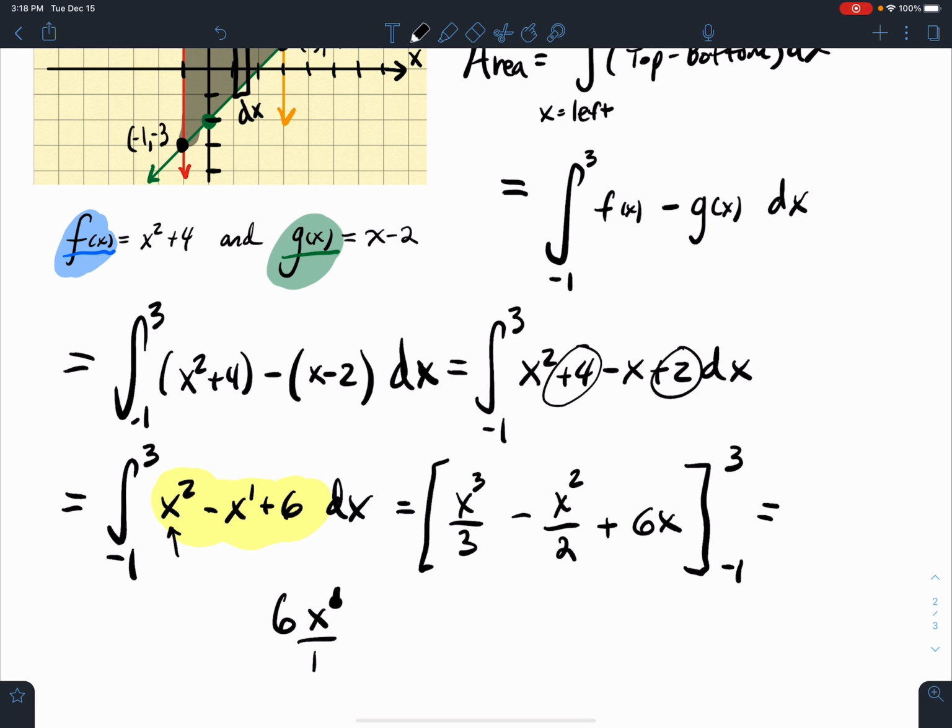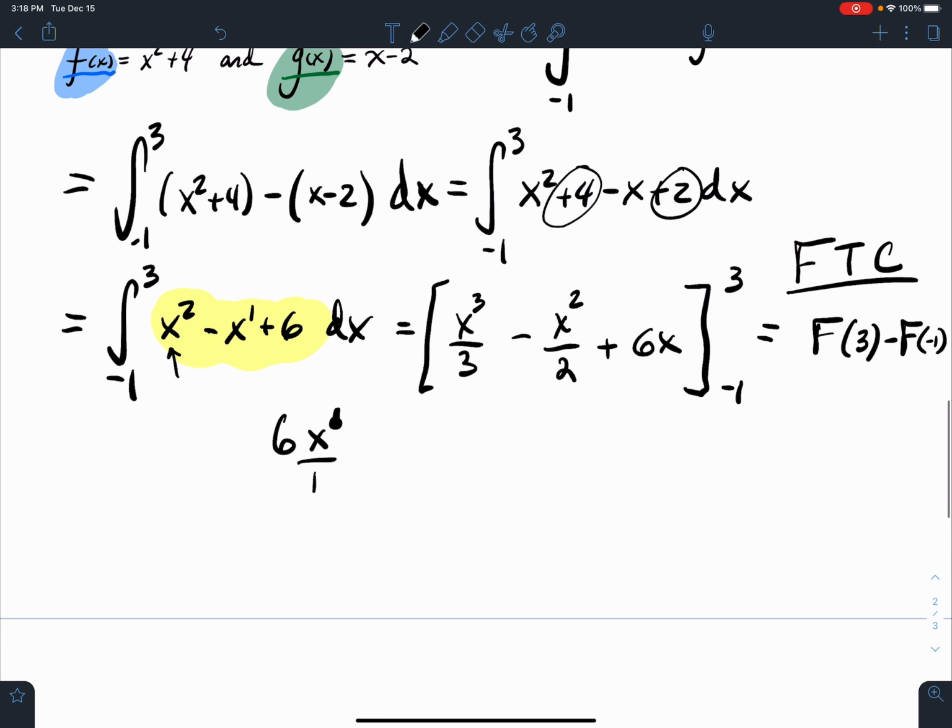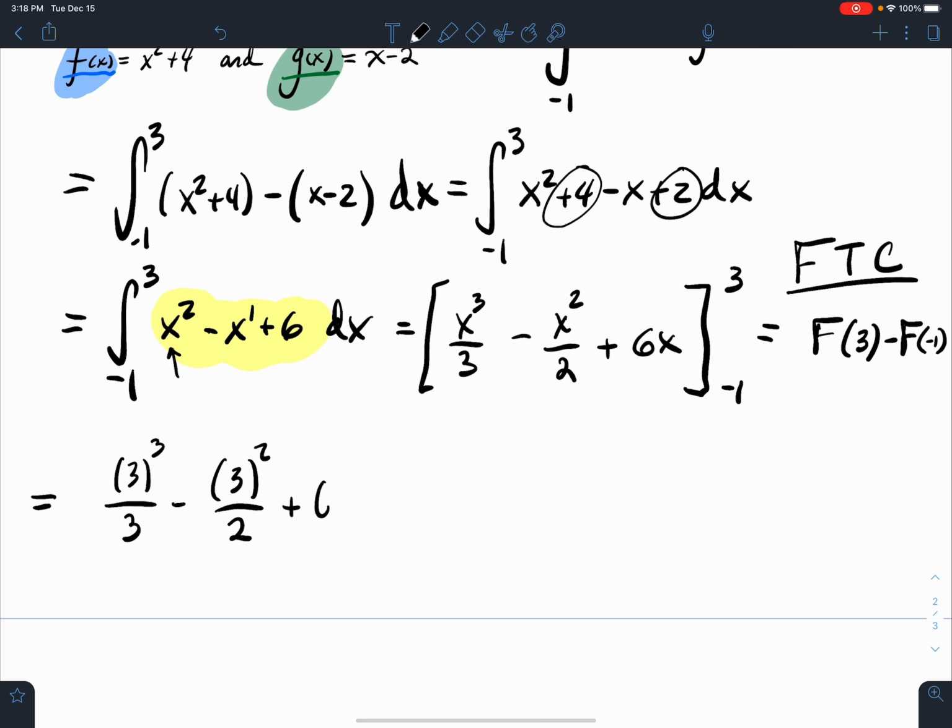And then I want to integrate from -1 to 3. So remember, this is the fundamental theorem of calculus. It says F of b, which is 3, minus F of a, which is -1. So I evaluate the antiderivative at 3. So I have 3 cubed over 3 minus 3 squared over 2 plus 6 times 3.